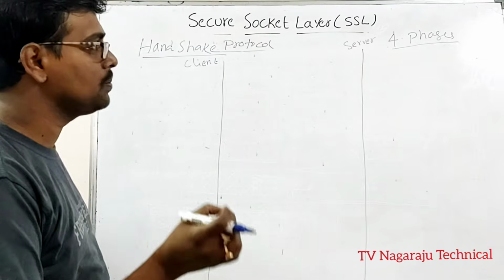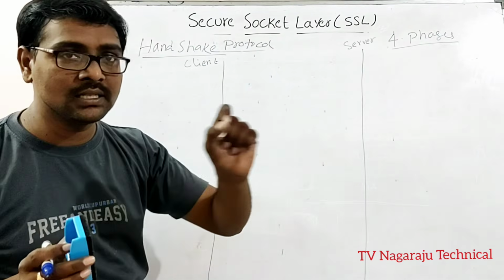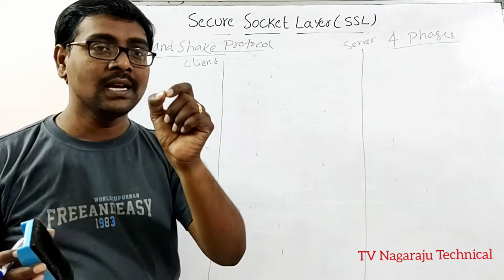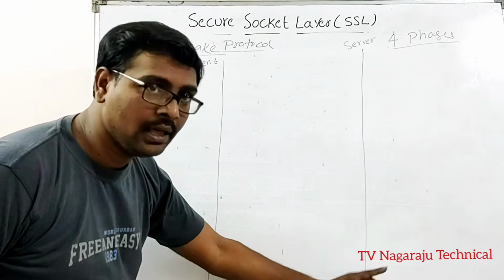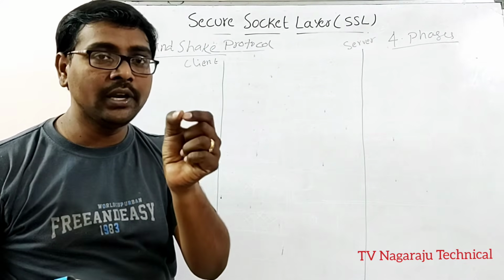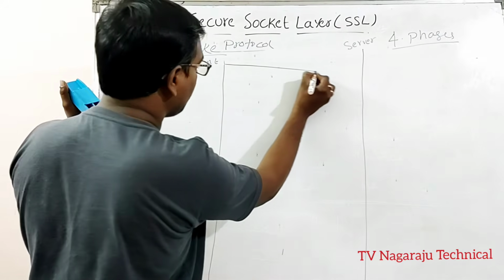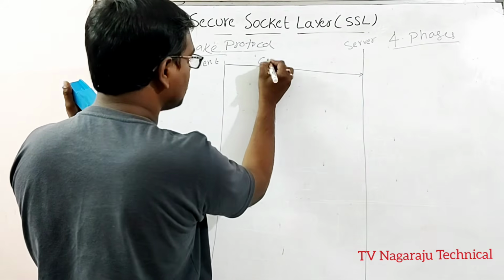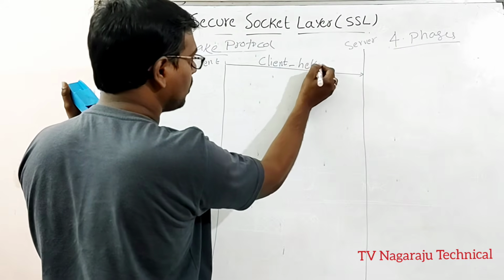Follow step by step. Among the 4 phases, the first phase is to establish the connection. Even though the session is created, within the session you need to establish the connection. For that, the client sends a message, client hello.